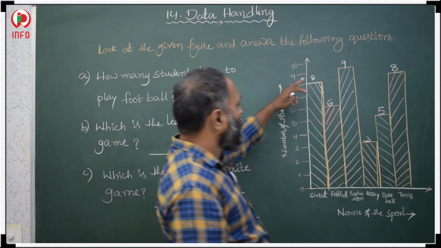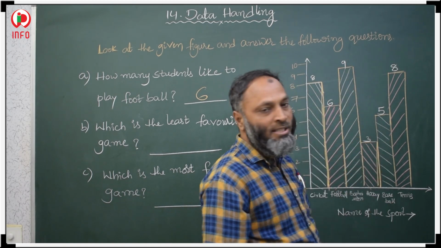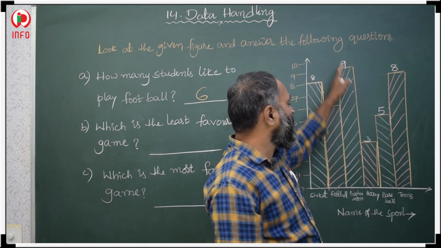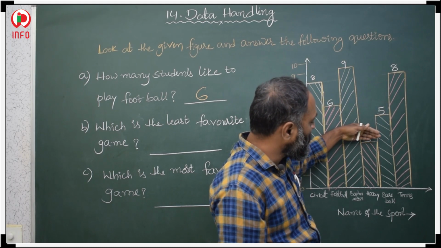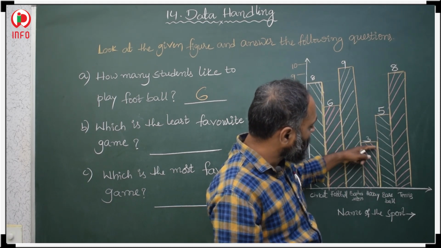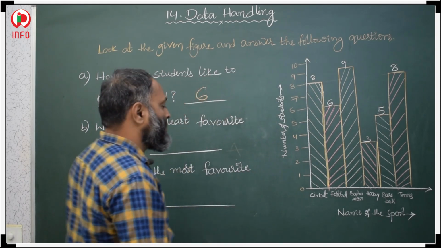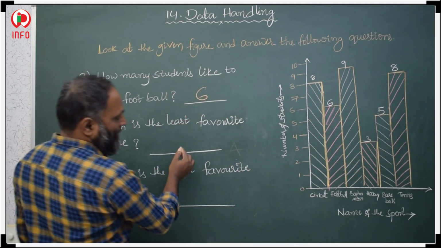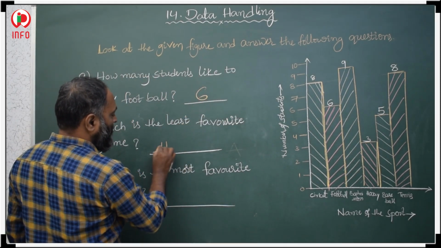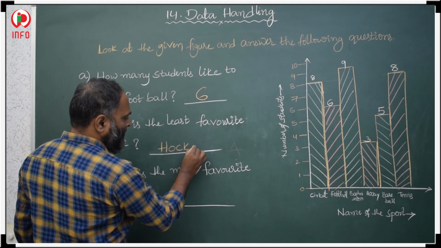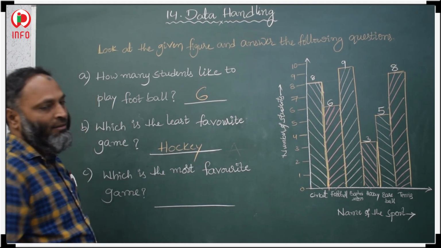Least means, first check in these numerals which one is the least: 8, 6, 9, 3, 5, 2. This bar length is the least. Which one? Hockey. So hockey is the least favorite game.